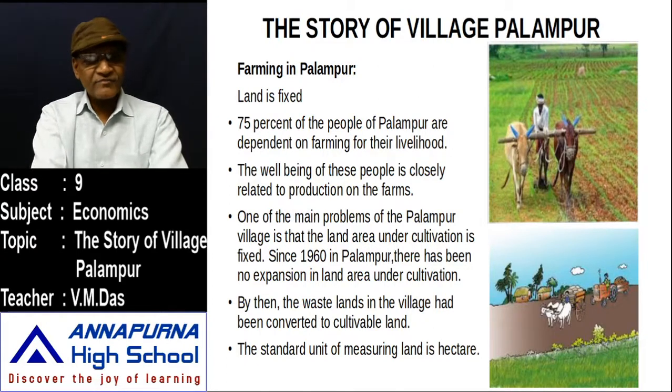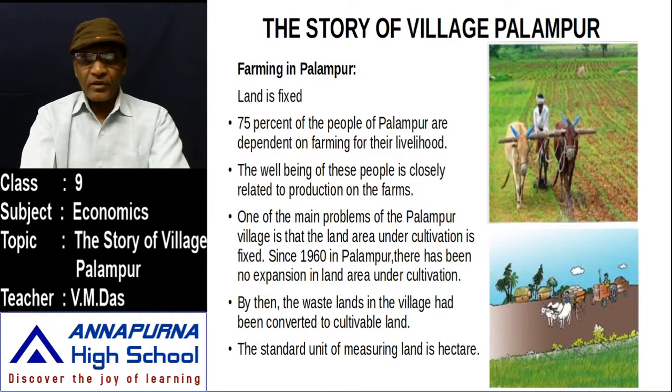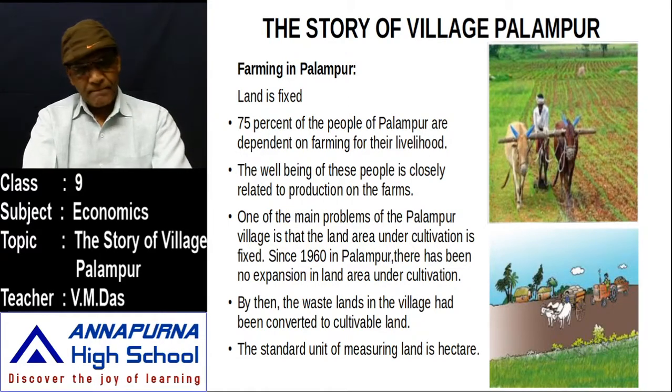In the village of Palumbo, nearly 75% of the people are dependent on farming for their livelihood. A vast majority depend upon agriculture because it is the mainstay of the economy of the village.